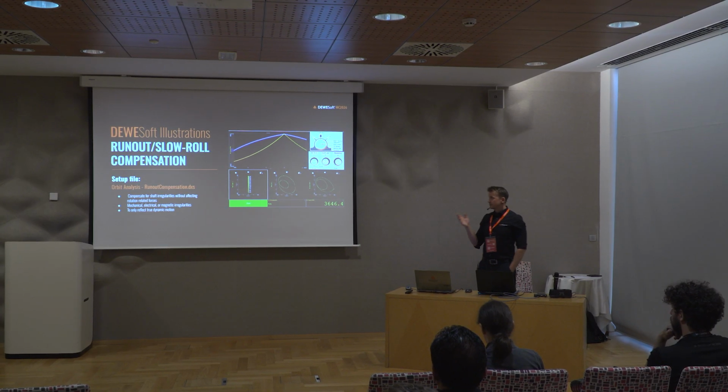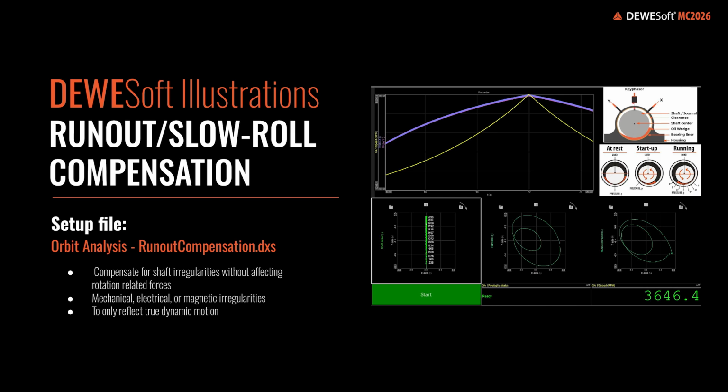Also, if you want to compensate for some irregularities on the shaft, let's say that it's not totally round, and it's not really important for your analysis, so you want to compensate that away.